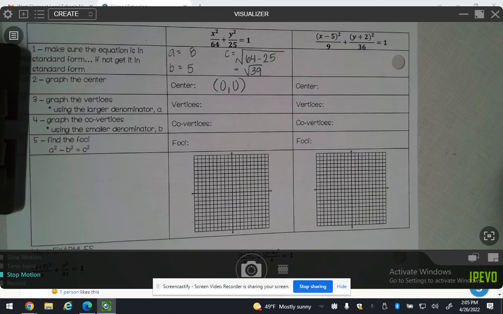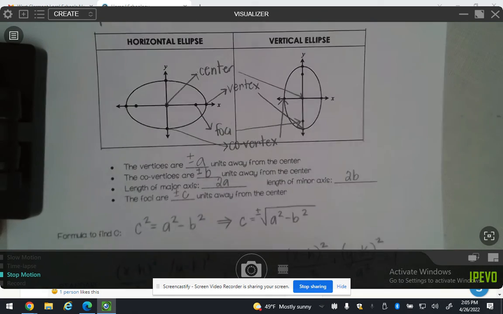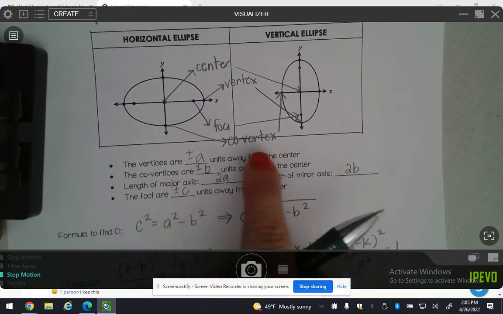Now, here's where you've got to listen. Which way is this stretching, horizontally or vertically? Horizontally. So the vertices are going to change the X values, not the Y, because it says over here the vertices are plus or minus A units away from the center.